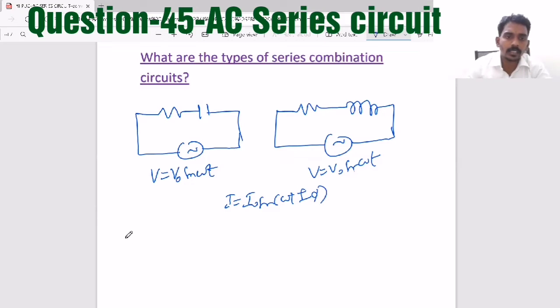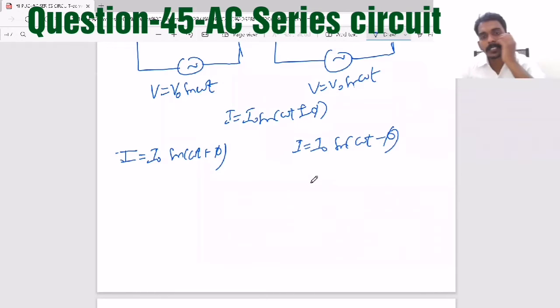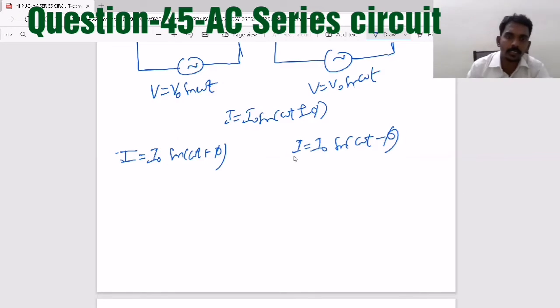In the case of an RC circuit, resistance does not cause any phase difference, but capacitance causes a lead of current. That's why the current equation becomes I equal to I naught sine omega t plus phi. In an RL circuit, I becomes I naught sine omega t minus phi. So an inductor causes a lead of voltage and a capacitor causes a lead in current.